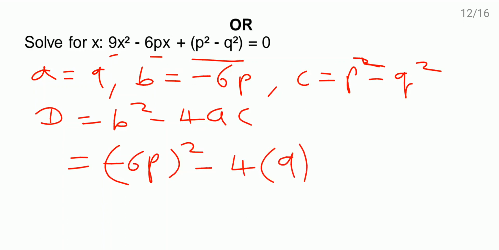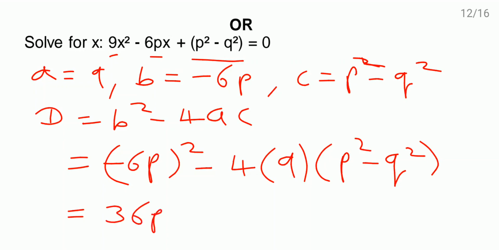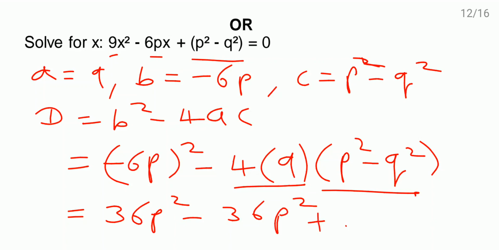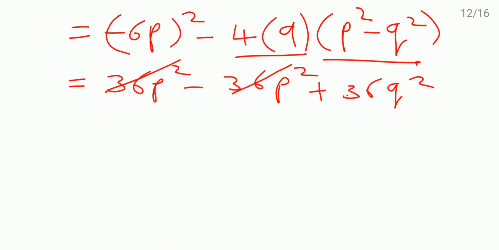A is what? 9 and C is what? p square minus q square, which is equal to 36p square minus 36, and we'll multiply this 36 to the bracket. So 36p square minus minus plus 36q square. See, this one and this one are getting cancelled. So what is left now? 36q square is left.